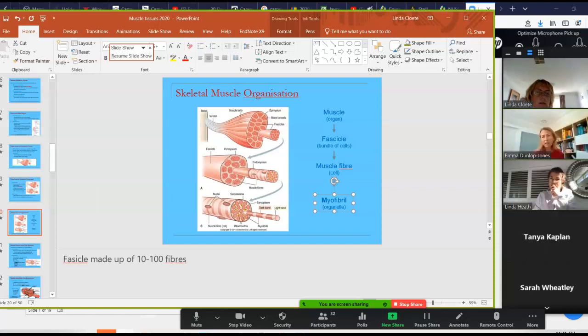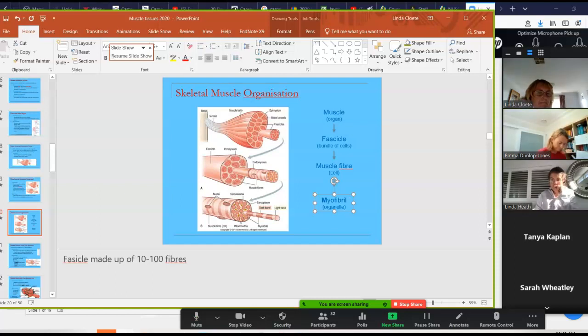There's lots of mitochondria for energy. Lots of mitochondria, so many more mitochondria in muscle cells than in other cells. Good. Okay, is there lots of cytoplasm in a muscle?